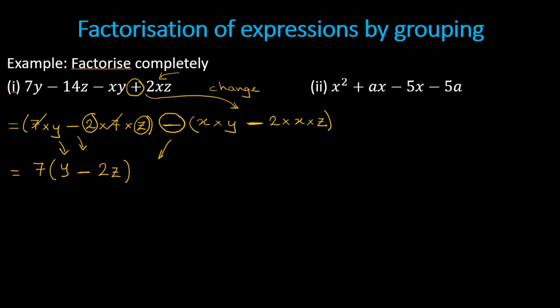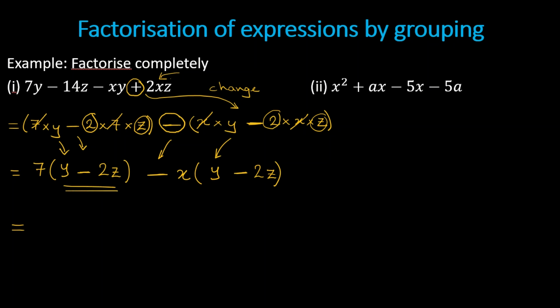You have minus, you insert your minus. We have to take out the common factor here also. You have x, which is common, so x has to be outside the pair of brackets. You are left with y minus, again, 2z. So what do we observe?